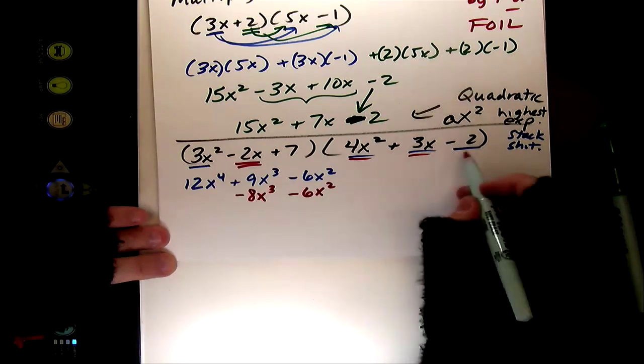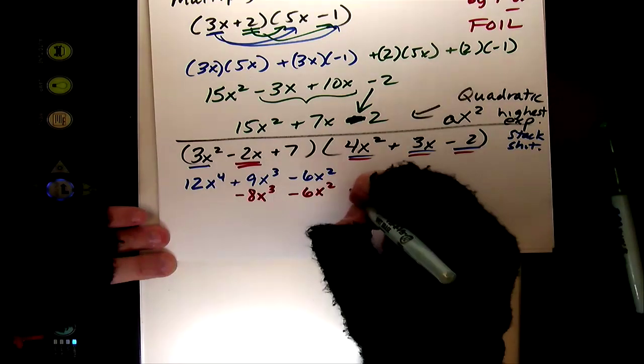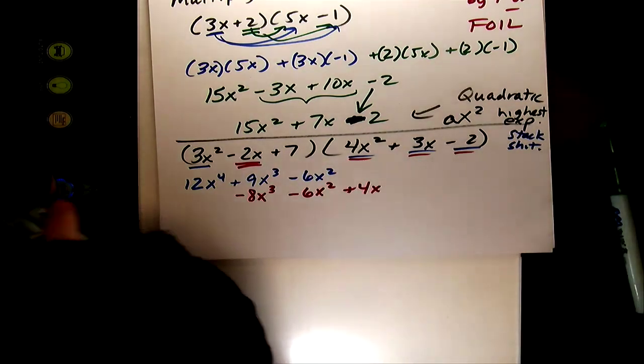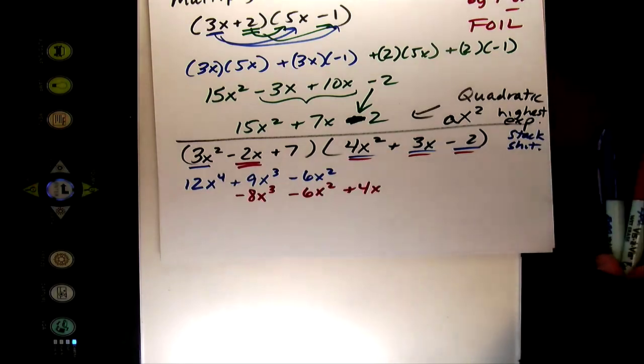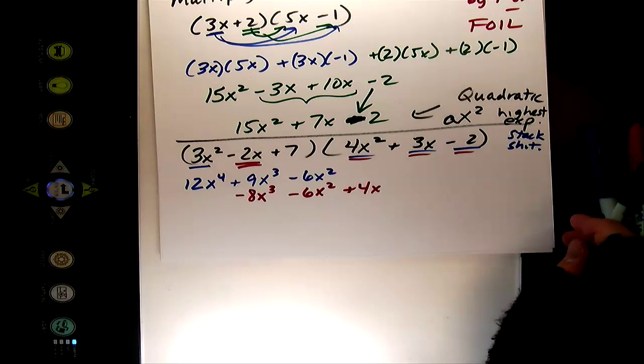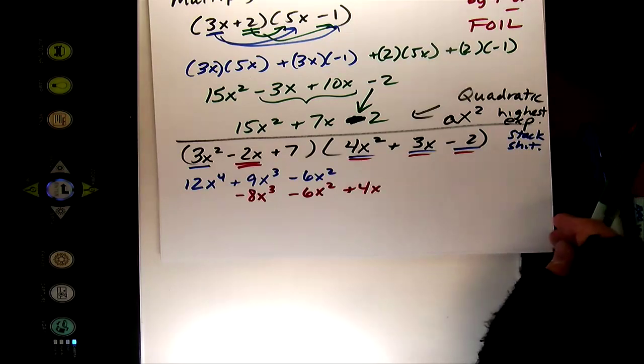And finally, -2x times -2 is plus 4x. I don't have anything to line it up with, so I'll make another row. This column stuff you don't have to do, you can write it side by side. But making sure you combine all the right things can be a pain.